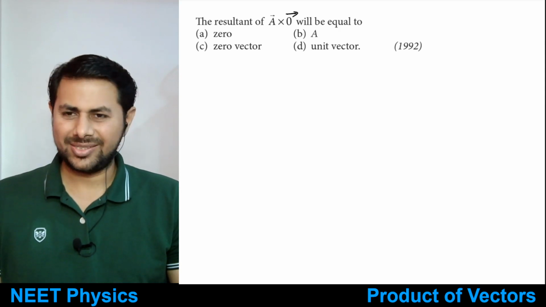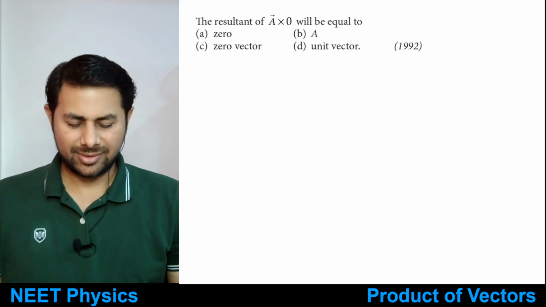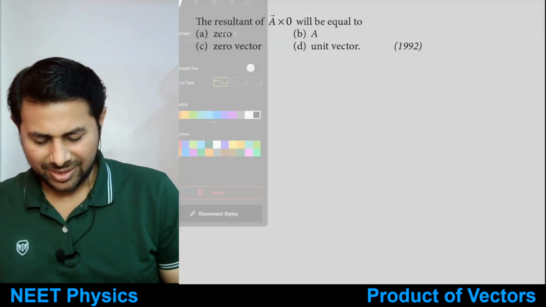Are you getting this? What is this thing? Resultant of A bar cross 0. Is this 0 or 0 vector?